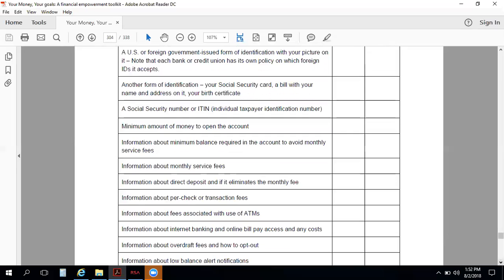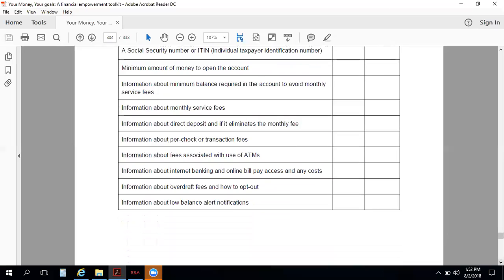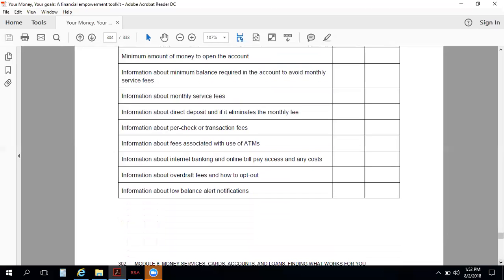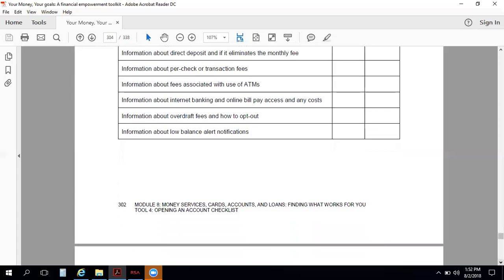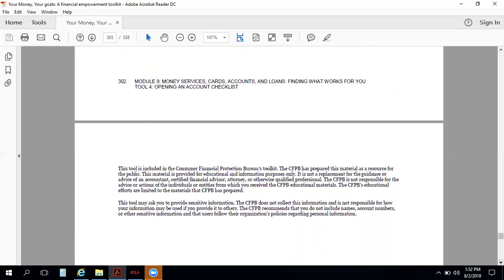Do they understand about overdraft protection? Do they know what they need to know about the bank's ability to notify them about low balance alert notifications, that kind of stuff? So this tool is just kind of a way for a client to prepare the information that an institution might need to ask for when they go ahead to open an account.